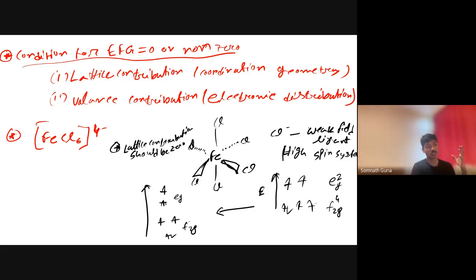So it will show some Z distortion. Yes, Z distortion. And then this bond will go out longer. This Cl will be longer and it becomes the lattice contribution. The lattice contribution will be there.